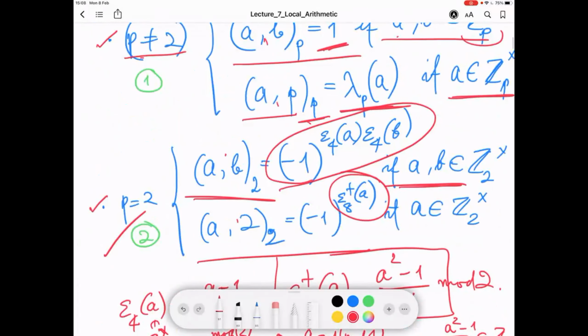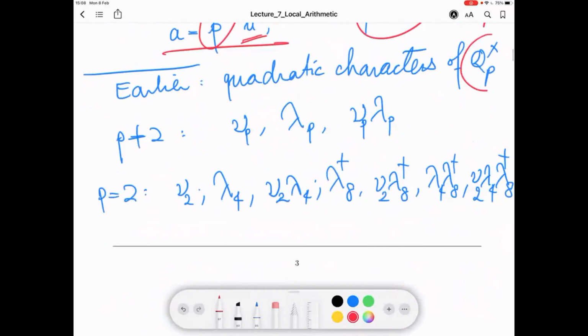Okay. And we had also computed the quadratic characters of Q_P star. That was the Hilbert symbol, and now of course the Hilbert symbol was defined in terms of these quadratic characters. So for a prime P different from 2, this Q_P star had three quadratic characters, which we had called nu_P, lambda_P, and of course the product of these two, nu_P times lambda_P.